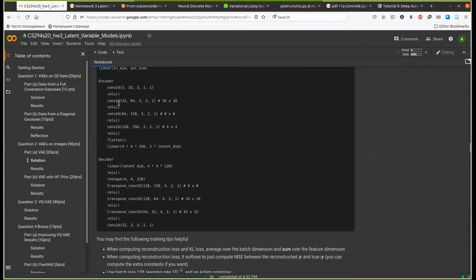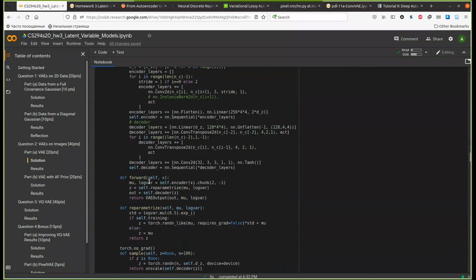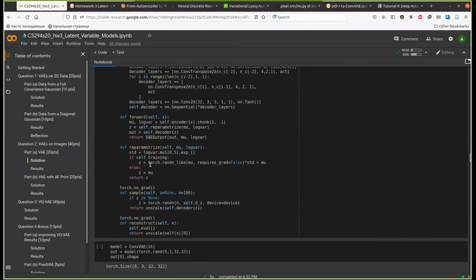So we have convolutions followed by nonlinearities, and then a flatten layer that outputs our latent variable, and we use the same reparameterization trick as before.